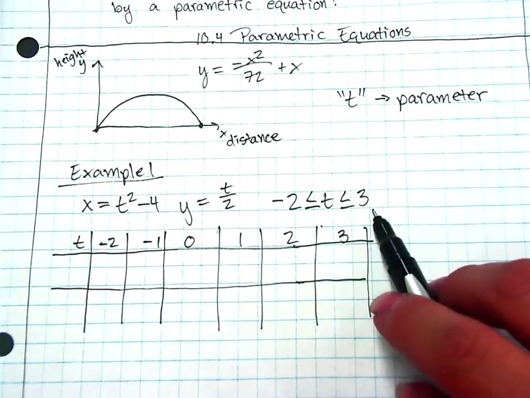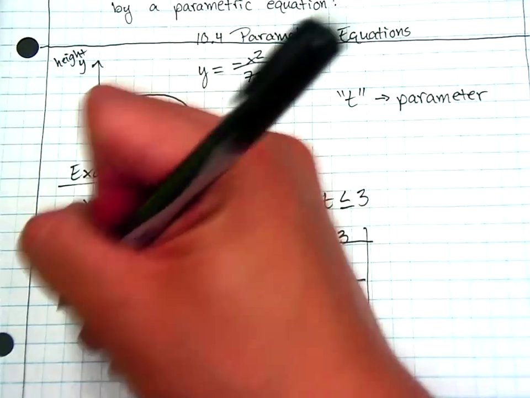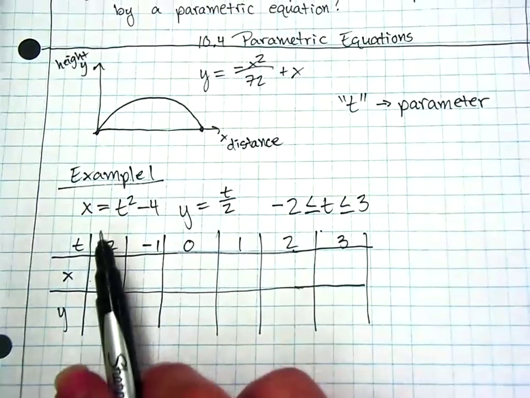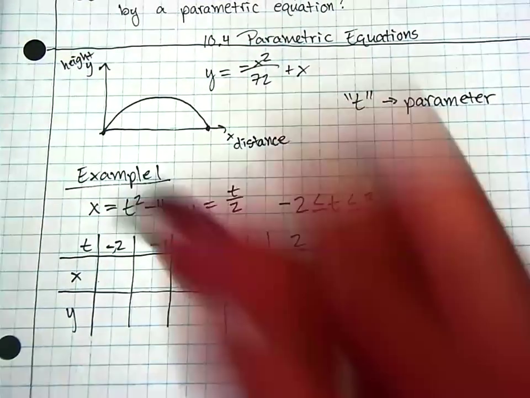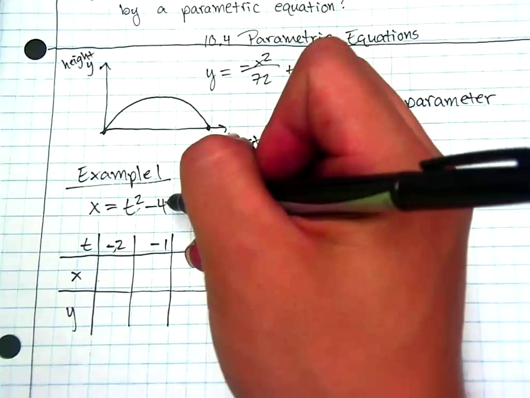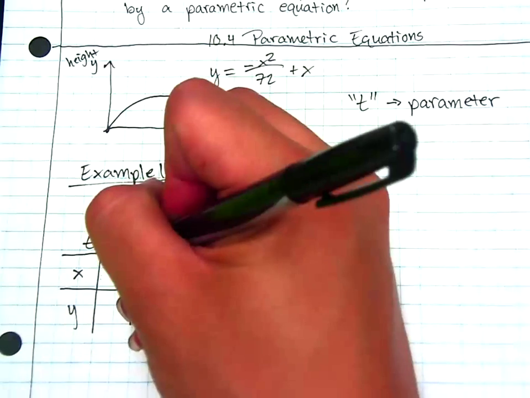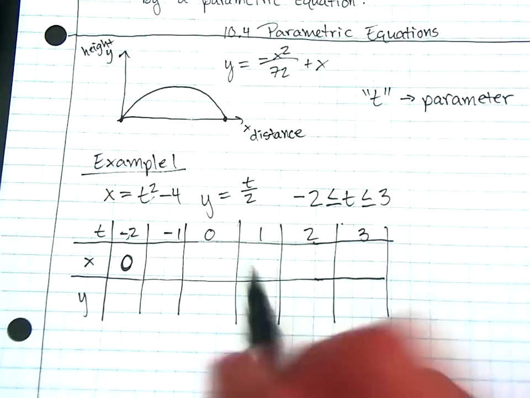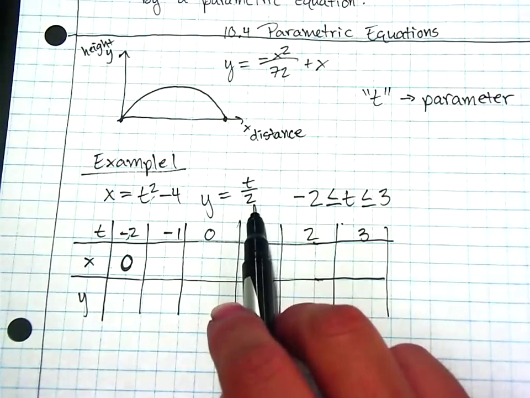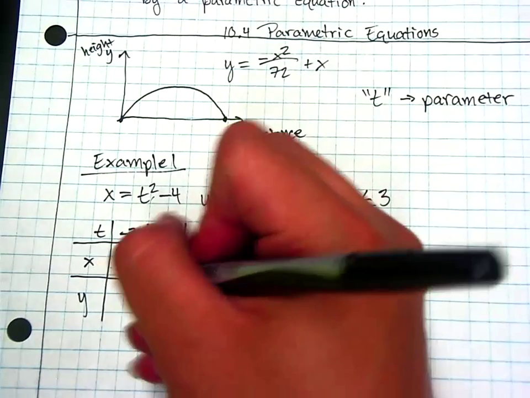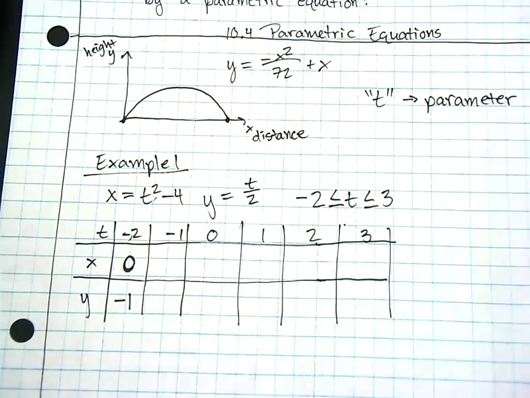I'm going to plug in each one of these t values to solve for x and y. So if I plug in negative 2, I'll get negative 2 squared. Negative 2 squared would be positive 4. Positive 4 minus 4 will give me 0. Then negative 2 divided by 2 right here to get my y value. That's going to give me negative 1.